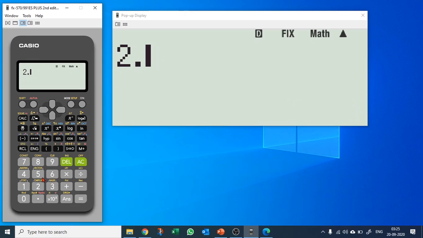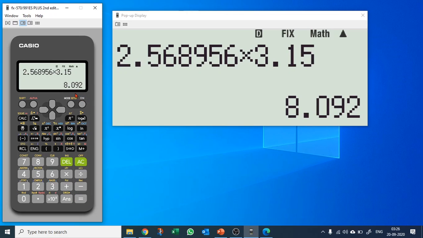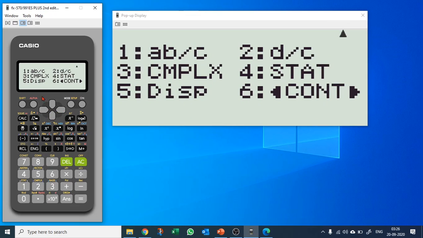Even if you have more than 3 decimal points, it gives you 3 decimal points, because it has fixed your decimal position. Then you have scientific notation, or you would like to keep it as normal representation, or a mixed fraction or normal fraction.